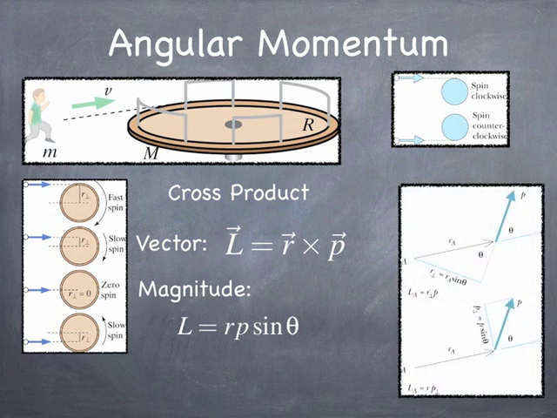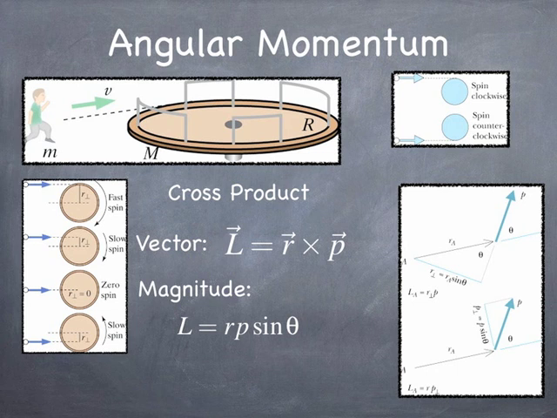And if you look at that a little bit, you'll notice that the angular momentum can be thought of as either the perpendicular component of r times the magnitude of p, or the magnitude of r times the perpendicular component of p. Basically, it's the product of the magnitudes of the two vectors times the sine of theta, which gives you a sense in which the two vectors are perpendicular to one another.